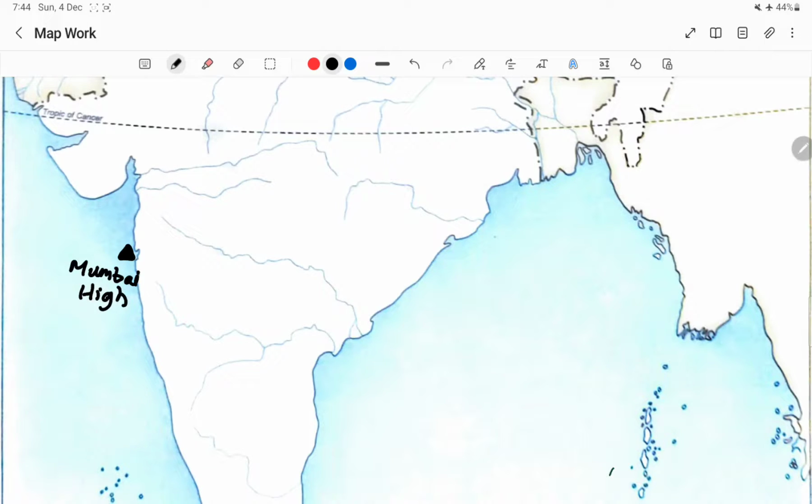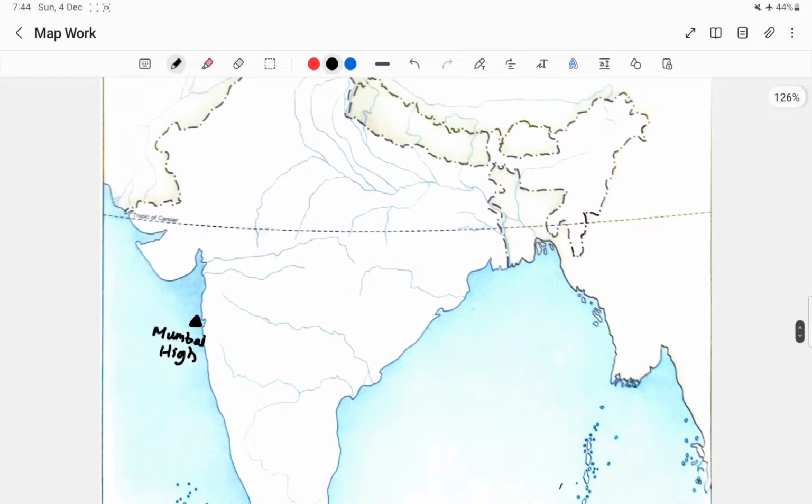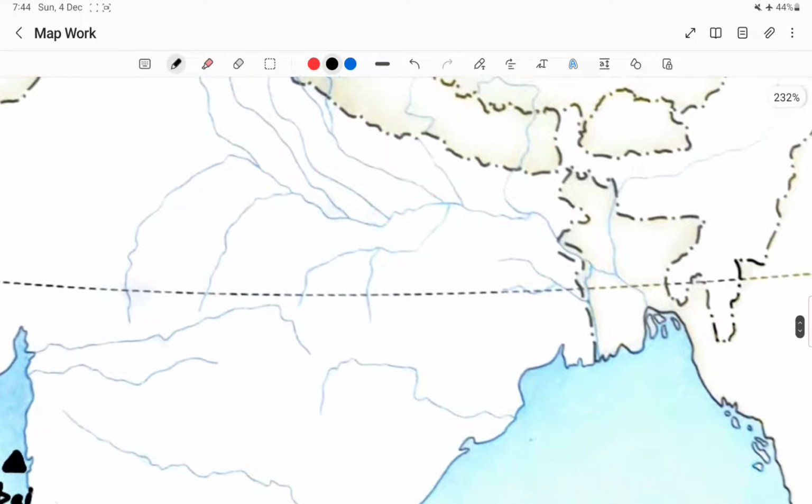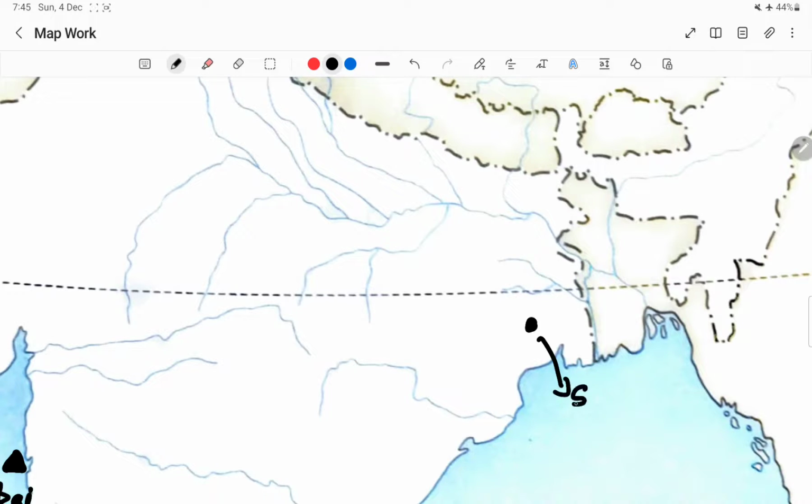After this, next is the iron, that is Singbum. For marking the Singbum, you have to come over here and it will be below the Tropic of Cancer. Mark my points everyone, it will be below the Tropic of Cancer, so this will be the Singbum.